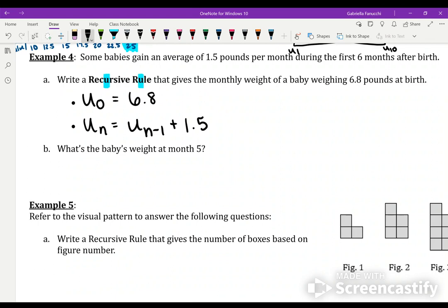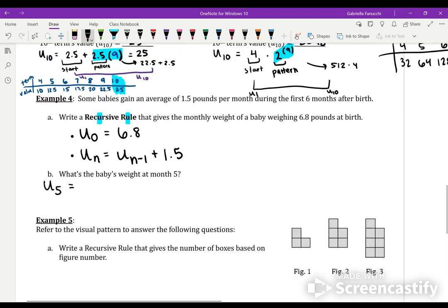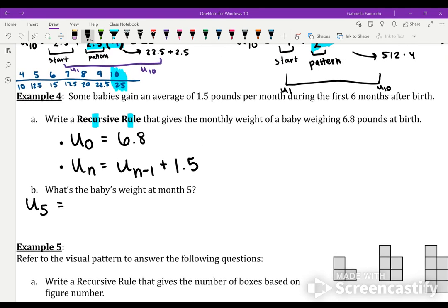So what's the baby's weight at month 5? Well, that's U5. It's equal to the previous plus 1.5. Again, we can do a table. We are beginning at 6.8, and that is U0. We want to get to U5. Plus, what are we adding each time? The pattern, 1.5. How many times do we need to add it to get from U0 to U5?